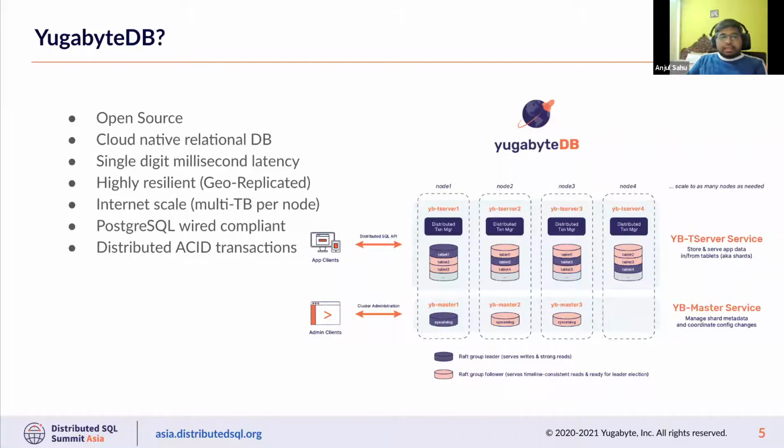In the masters, metadata is stored, and that is replicated across servers too. So when we lose any server, we can reconstruct all the data and continue to serve users without any downtime.